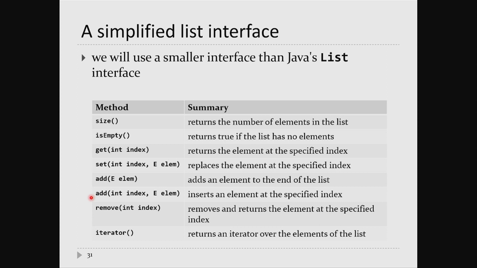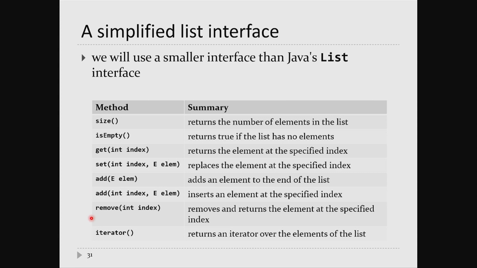Java's a bit funny in that it uses set for replace, and it uses add for insert. It would be a lot clearer if they had named this method insert and renamed this method replace. But we're stuck with get, set, and add.